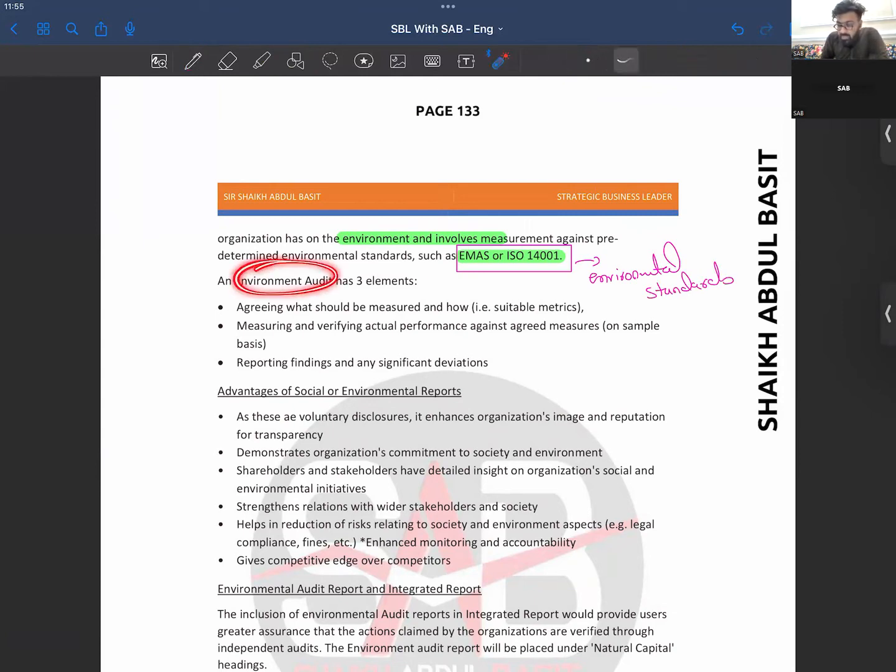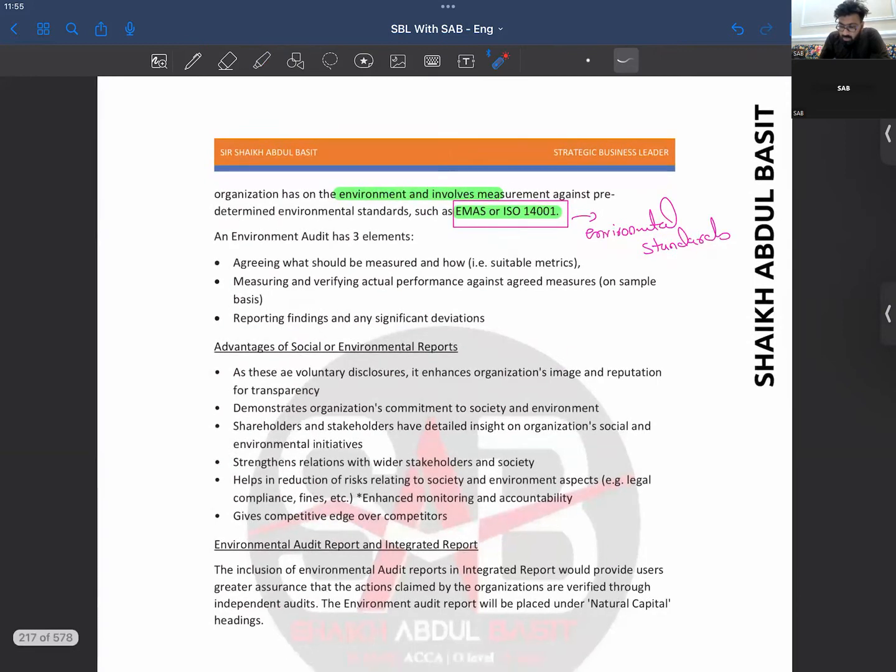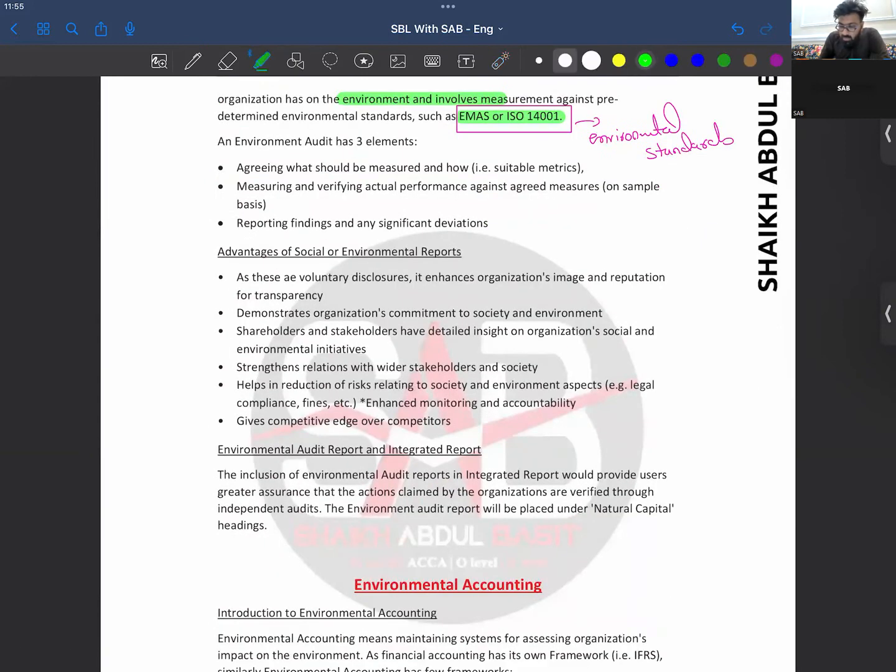An environmental audit has three elements: agreeing what should be measured and how, measuring and verifying actual performance against agreed measures, and reporting findings and any significant deviations. So these three elements, right? What should be measured and how, measuring and verifying actual performance, reporting findings, any significant deviations.